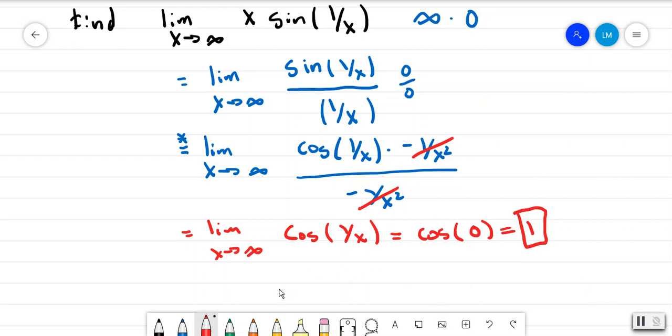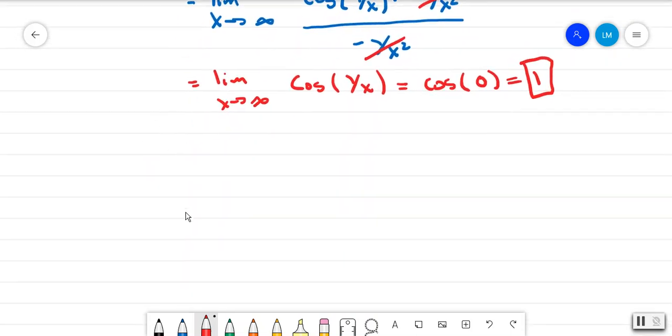Now, another classic example is something like 1 to the infinity.